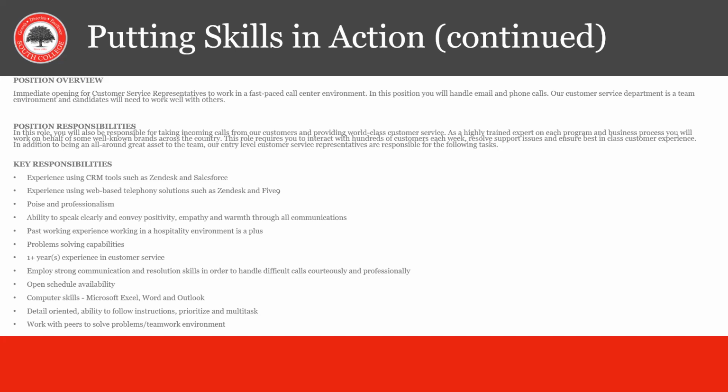I also see some things about being detail oriented, being able to follow instructions, prioritize and multitask. When we're talking about being attentive to details, those are things we can absolutely include in our professional summary, as well as in some of our bullet points.